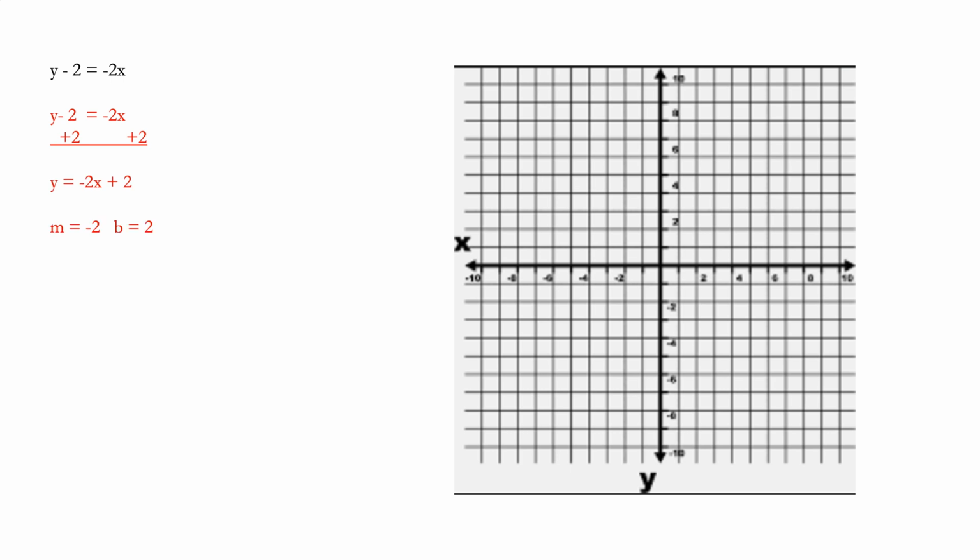That means the slope is -2. The y-intercept is 2. I begin at 2, so my green line begins at 2. Now my slope is -2, so I'm going to go down 2 over 1. Down 2 over 1. Connect the dot. There's my line. Next up, you graph this one.